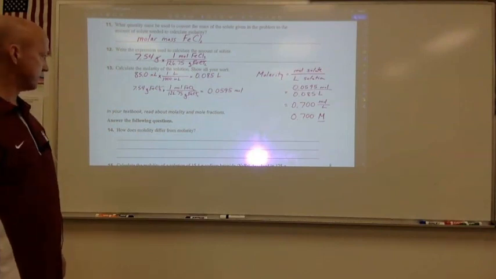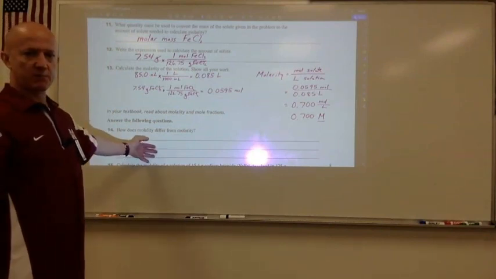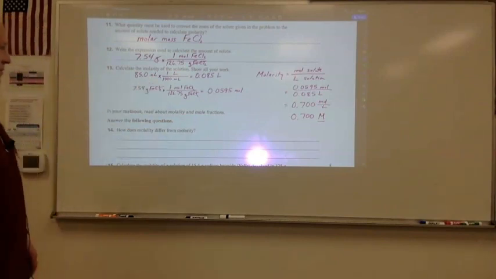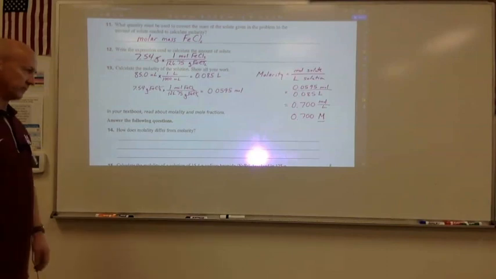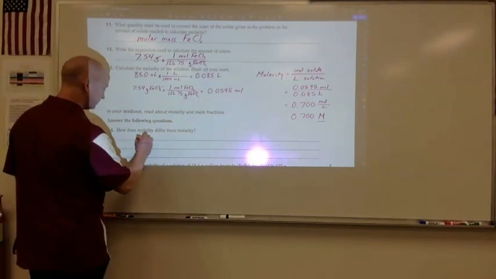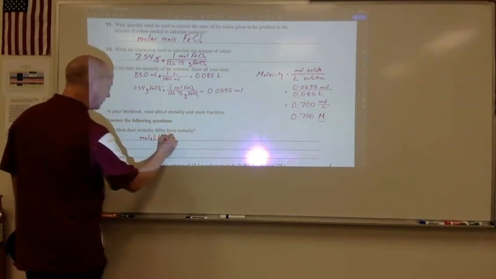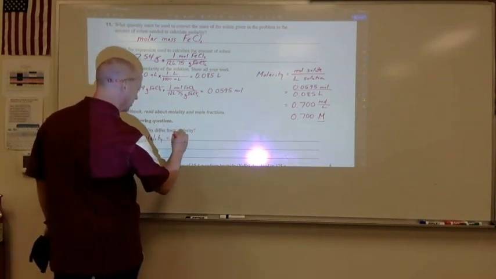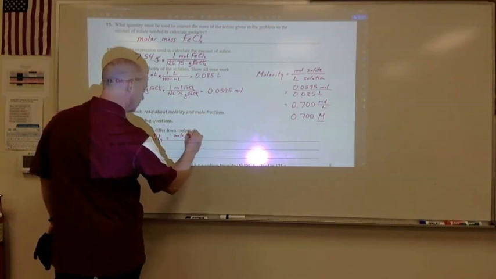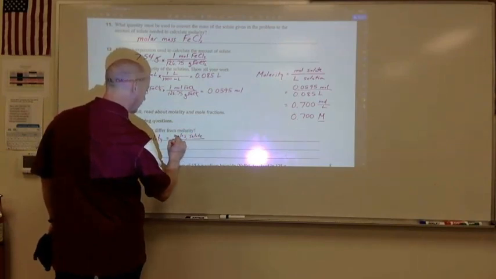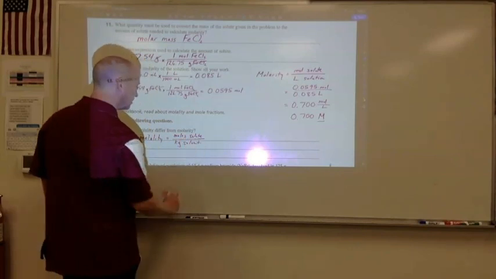Now, one more question before I move the page. How does molality differ from molarity? Molality is equal to moles of solute per kilogram of solvent. Not solution, solvent.